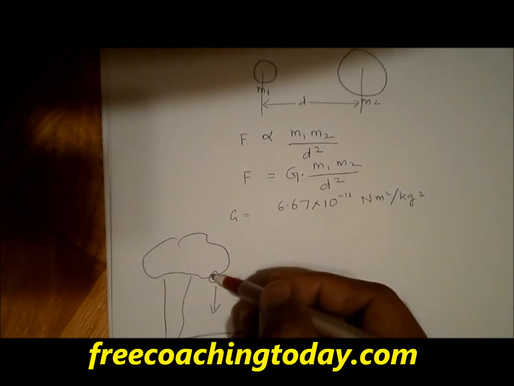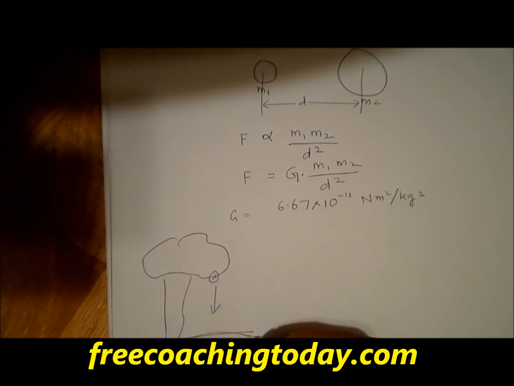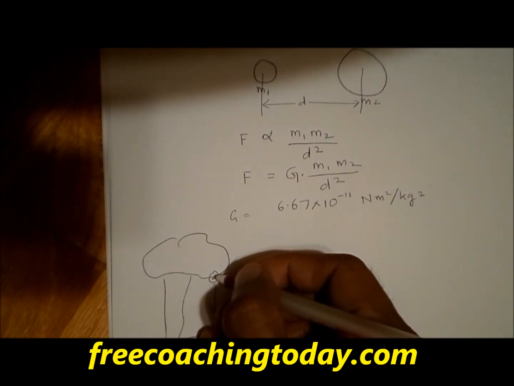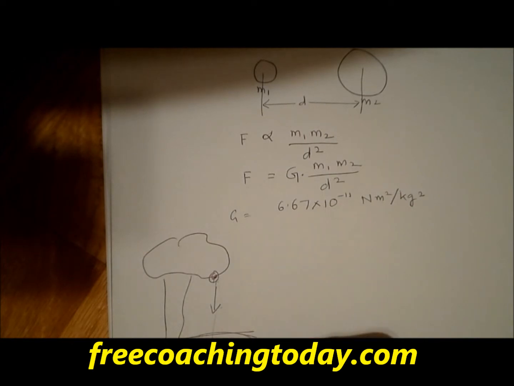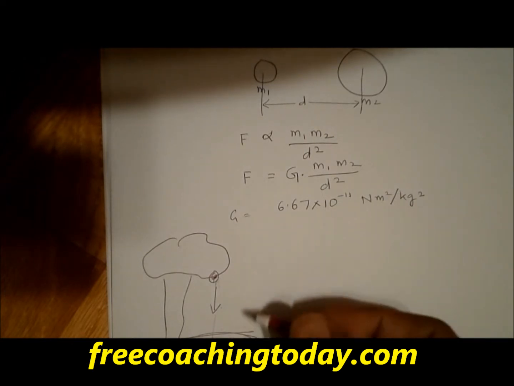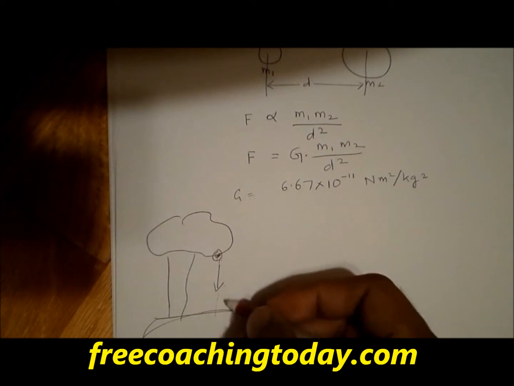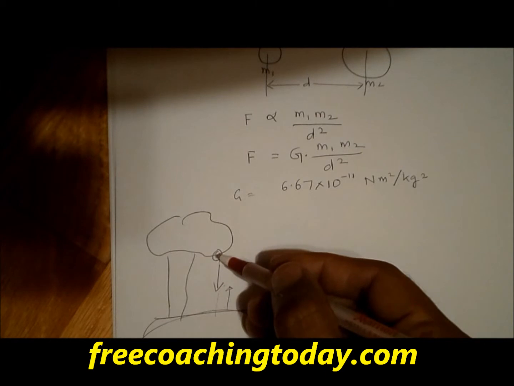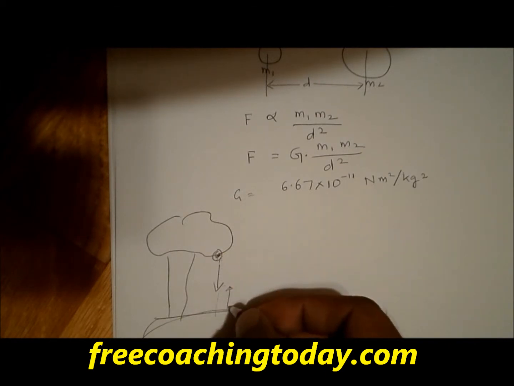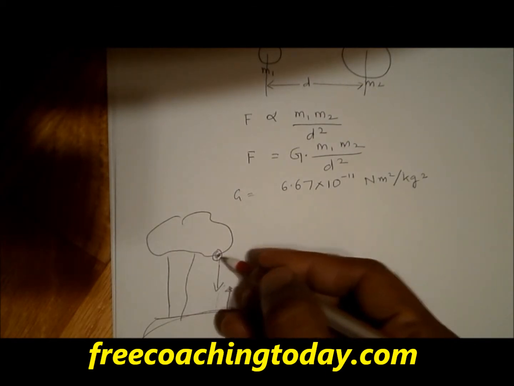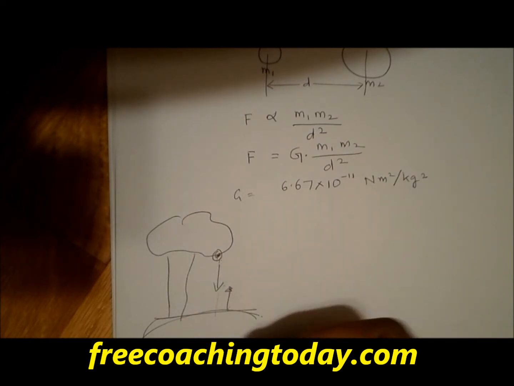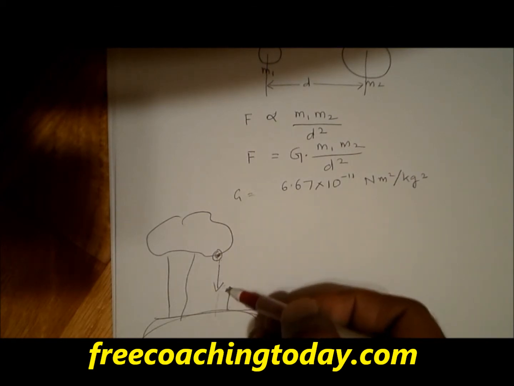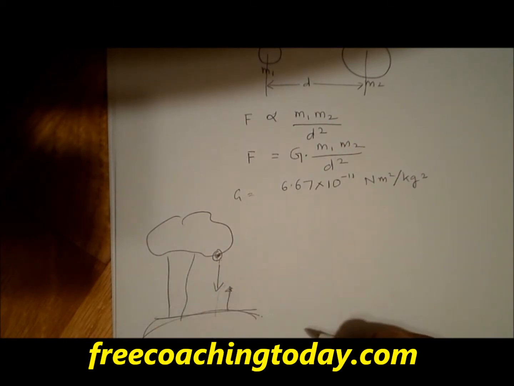What's happening is there is a force of attraction, and the earth attracts this mango towards itself. If you look closely, this mango is also attracting the earth towards it. So as it starts falling towards the earth, the earth is also falling towards the mango, but because its mass is much higher compared to this mango, it's not apparent, not visible, or it's negligible.